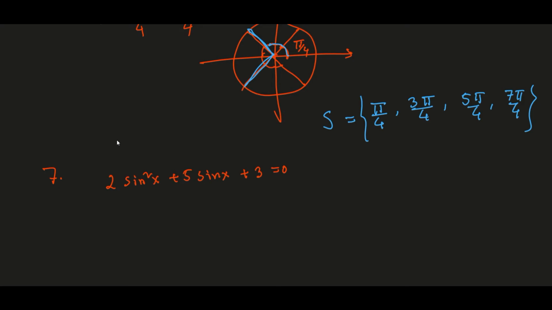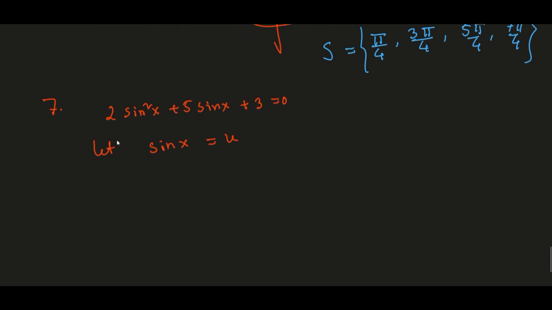So if we substitute sine x equals simply u, then if we rewrite the equation 2 (sine x) whole squared plus 5 sine x plus 3 equals 0, and then substitute u, we get 2 u squared plus 5u plus 3 equals 0.